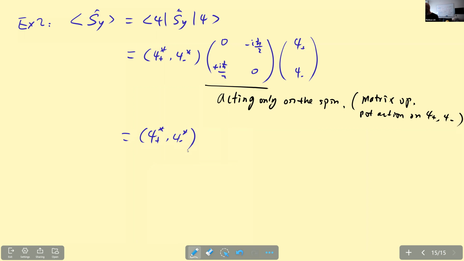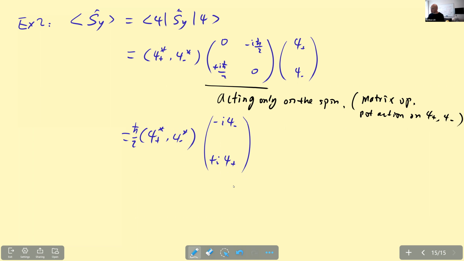And now you can write this as ħ over 2, put right here. So you multiply this matrix on these two as if you take ψ+ and ψ- just as two numbers. And this will give you, you do the exchange of the two, and then times minus i, so you got minus i ψ-, plus i ψ+.